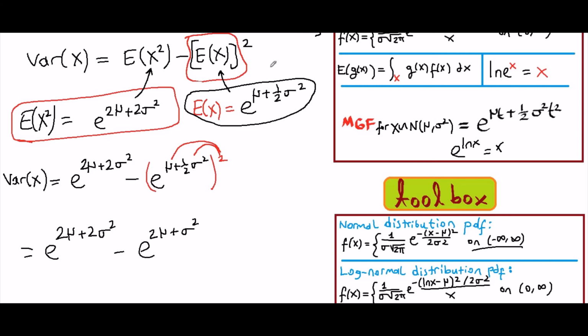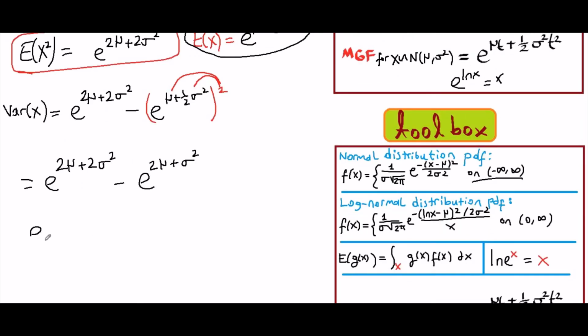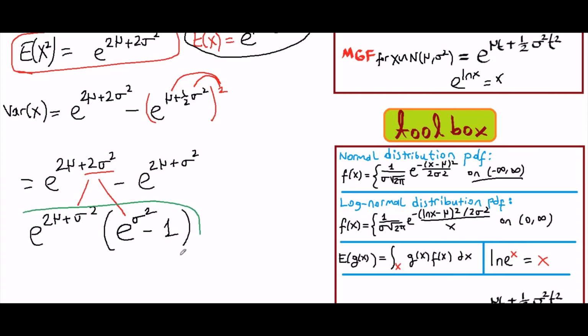Now we have common expression e raised to the 2 mu plus sigma squared that we can factor out. So e raised to the 2 mu plus sigma squared. If we factor this from the first expression, we obtain only e raised to sigma squared, because sigma squared plus sigma squared will give us 2 sigma squared here. And from the second term, we obtain just 1. So this is our variance for log normal distribution.